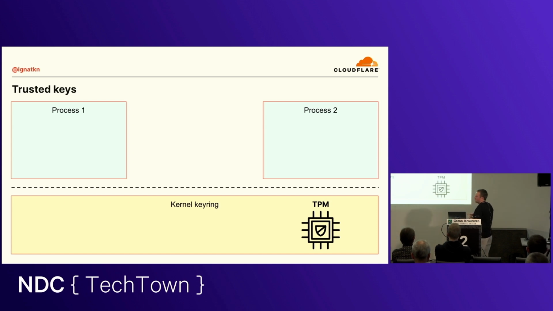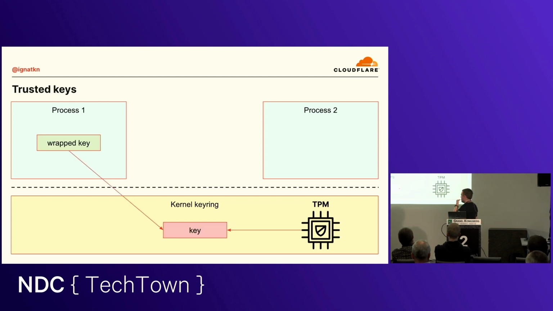So if you have an IoT device with your own crypto chip, it's quite easy to write a simple driver which will expose your crypto chip as the secure device for trusted keys. Again, you have the wrapped key, you put it inside the kernel, and the kernel will use your crypto chip to unwrap that key. And again, you can only read it back in encrypted form.